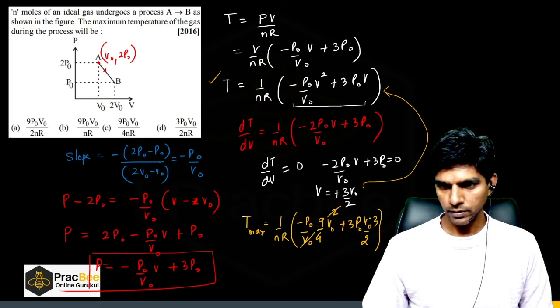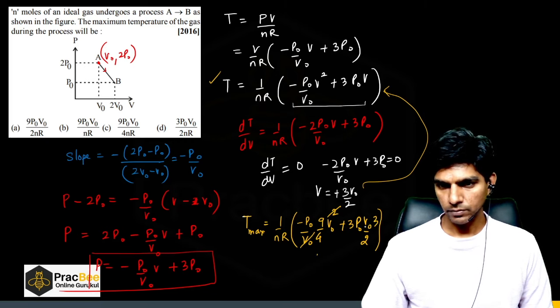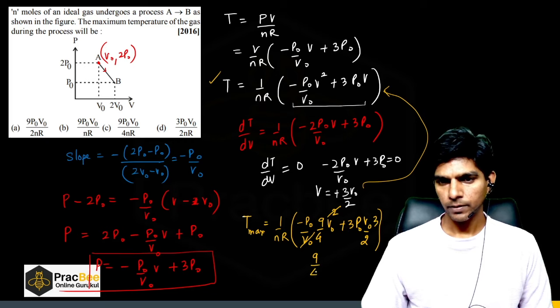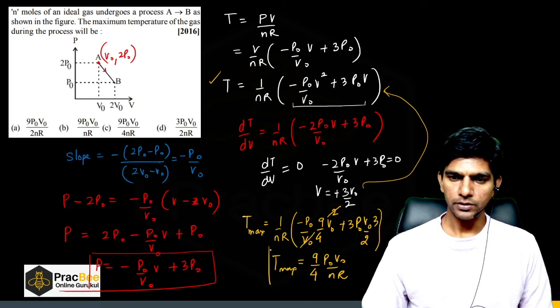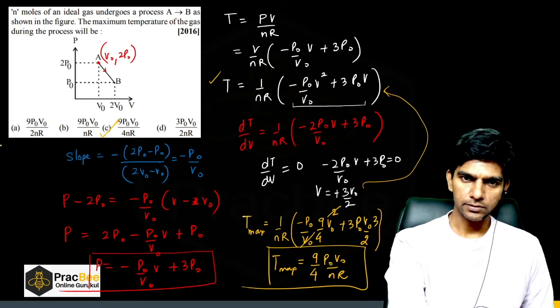So we have 9 by 2 minus 9 by 4 in the bracket. So it is nothing but 9 by 4 P naught V naught upon nR. So that is the maximum value of the temperature, 9 times P naught V naught upon 4 nR. So option C is the right answer.